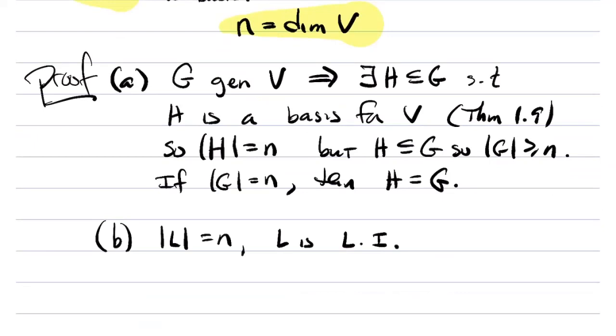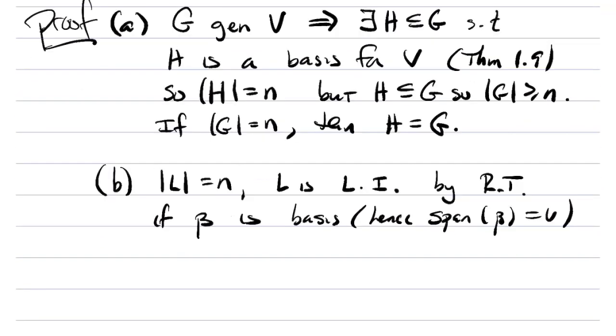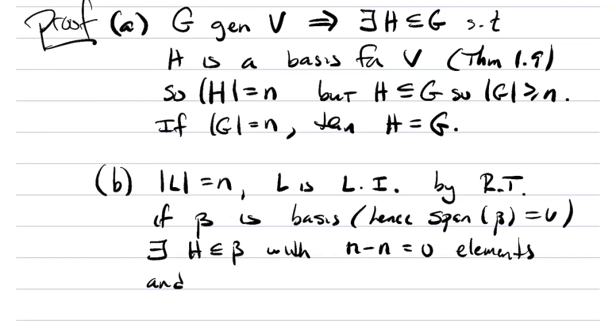Since any basis has n elements, by the replacement theorem, if beta is any basis, and in particular the span of beta is V, then there exists some subset of beta with n minus n, or 0 elements, and L union that subset still spans.